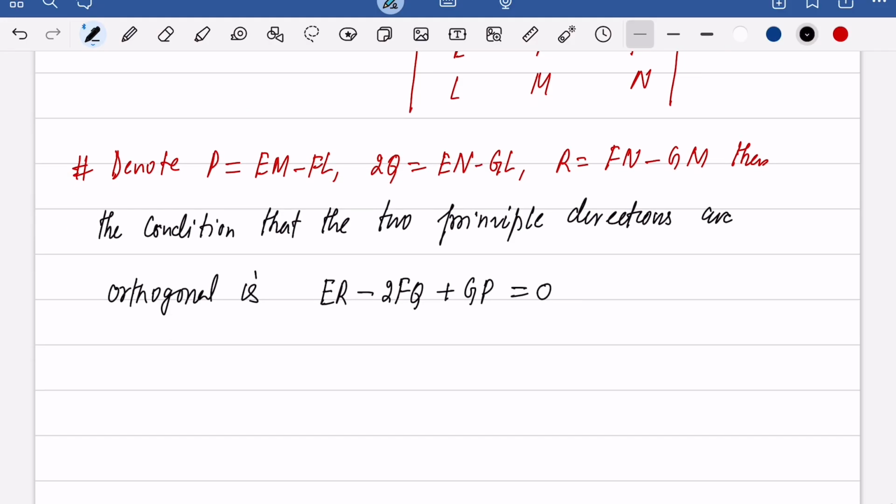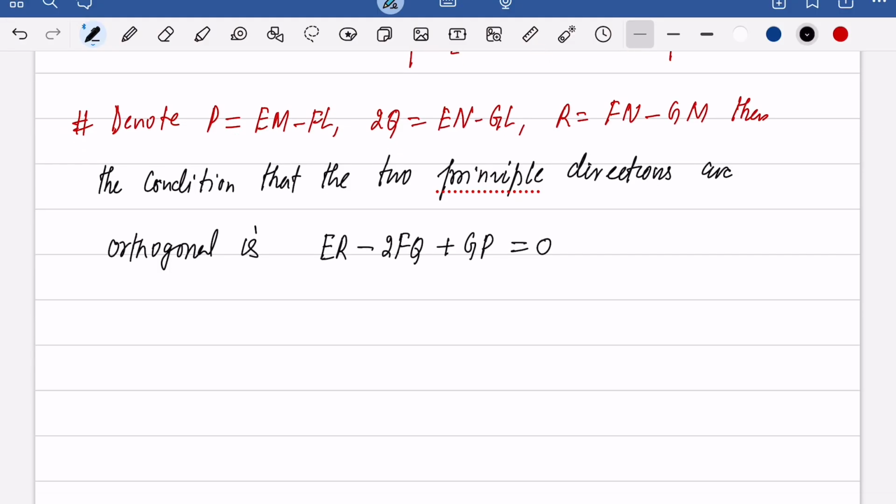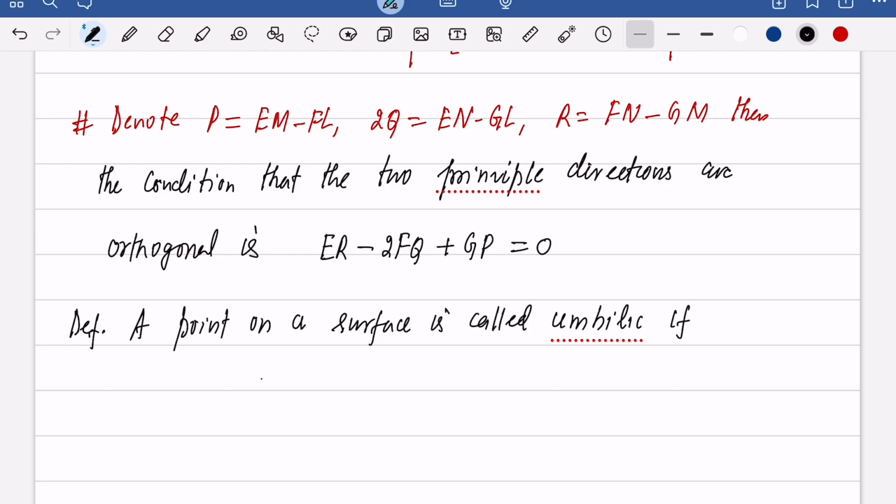So this is the condition under which we can call the two principal directions orthogonal to each other. Now we have another definition. A point on a surface is called umbilic if E over L equals F over M equals G over N.